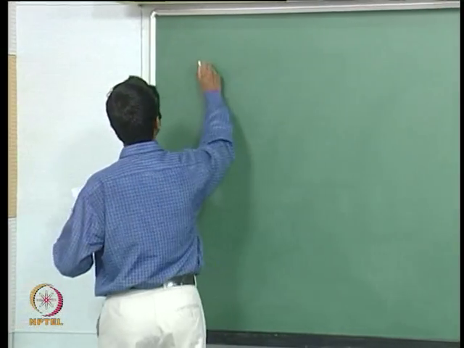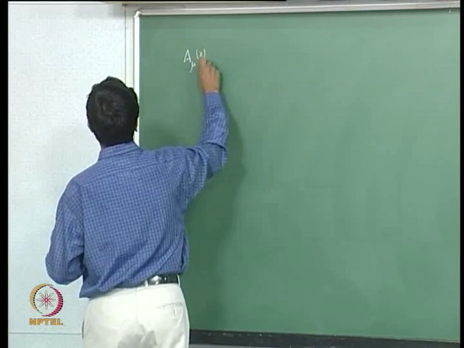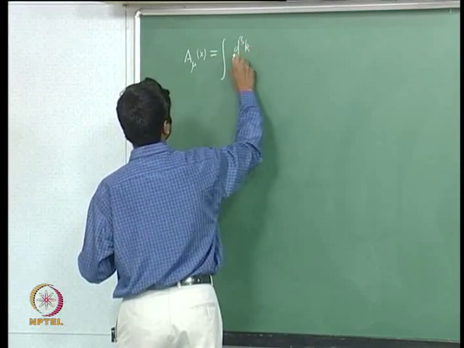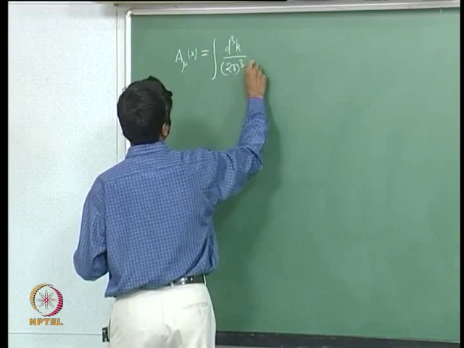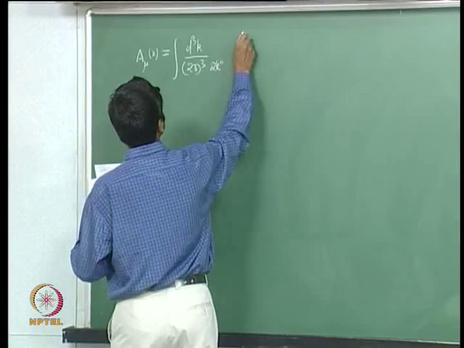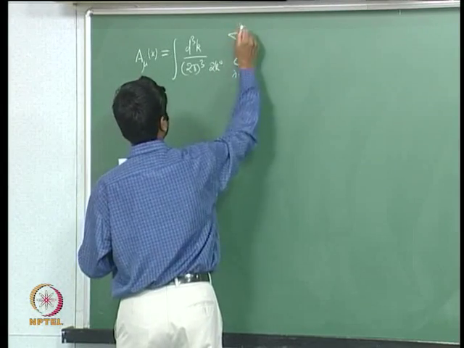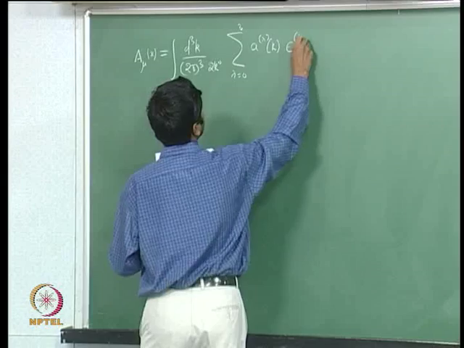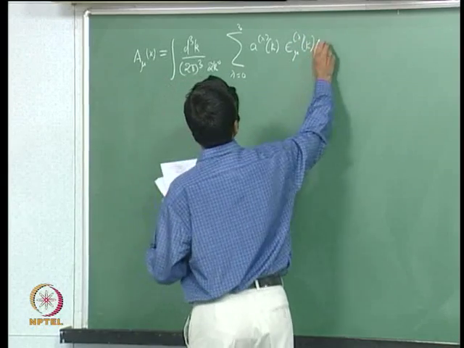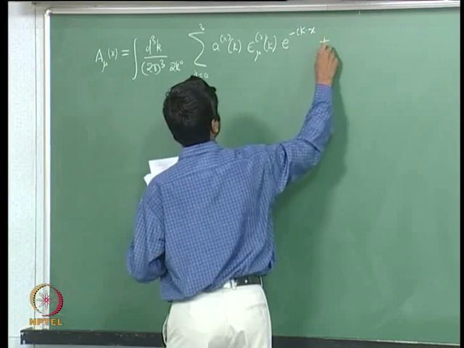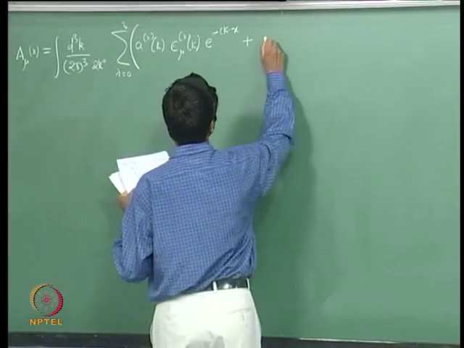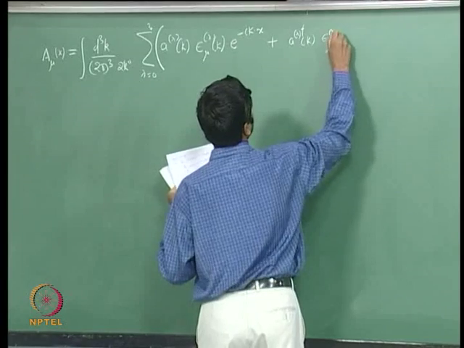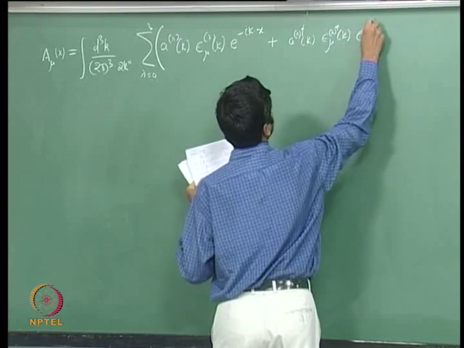We will require the mode expansion for the photon field, which is given by the integral of d cube k over 2 pi cube 2 k0, sum over the polarizations lambda going from 0 to 3, a lambda of k epsilon lambda mu of k e to the power minus i k dot x plus a lambda dagger of k epsilon mu lambda star of k e to the power i k dot x.